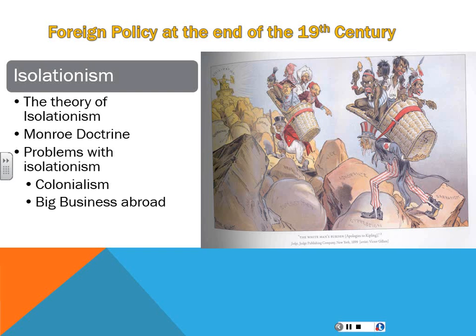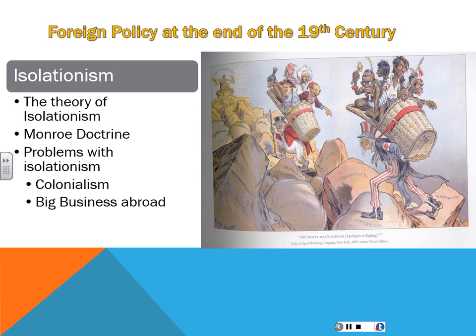He says, avoid foreign entanglements and avoid political parties. He says the best thing that the United States has going for us is this giant pond right here, called the Atlantic Ocean, that keeps us out of European matters. He says that's great. We need to keep it that way.